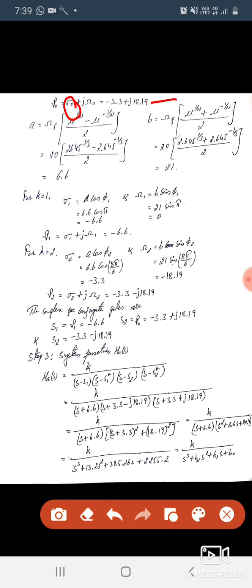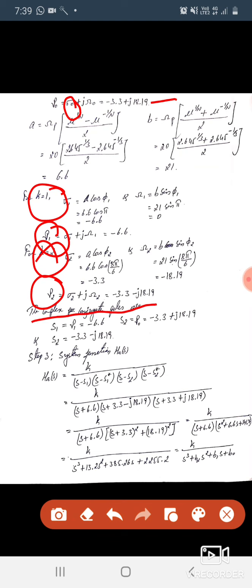In the same way, calculate for k equals 1, then you will be getting P1. For k equals 2, you will be getting P2. Then observe here, we are going to take our complex conjugate poles. This is our P0. What is the complex conjugate of this? That is your P2. And minus 6.6 is one more pole.